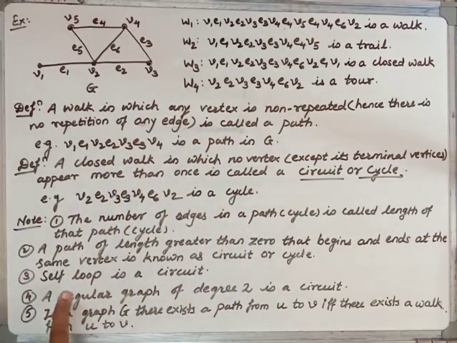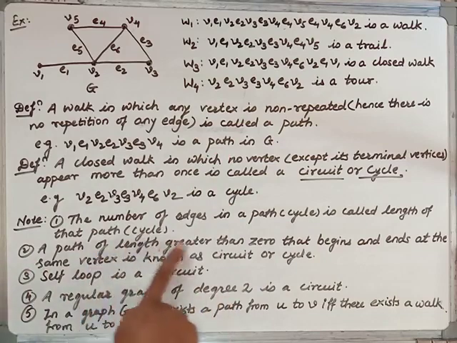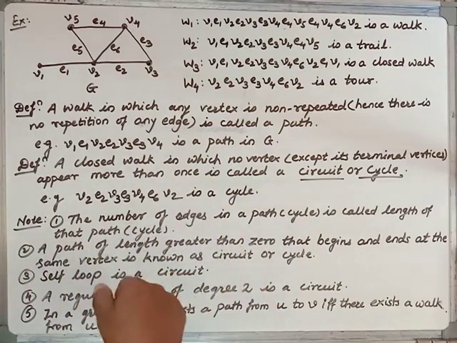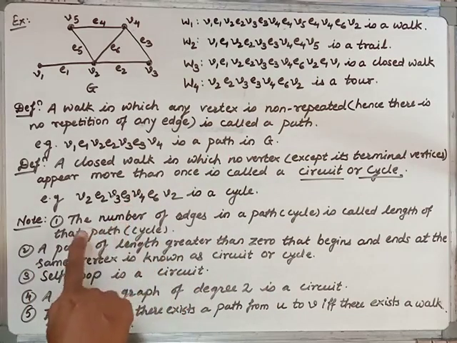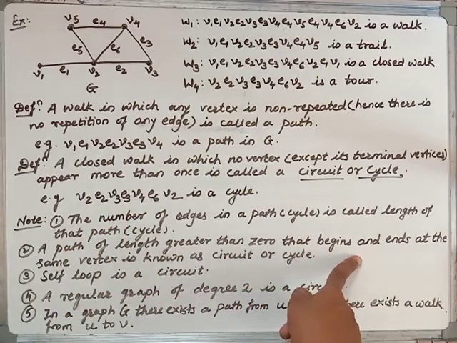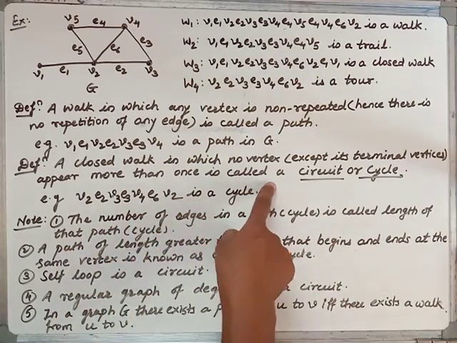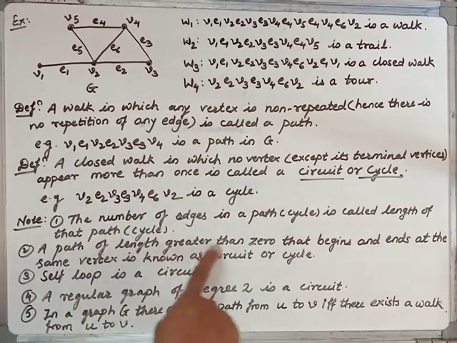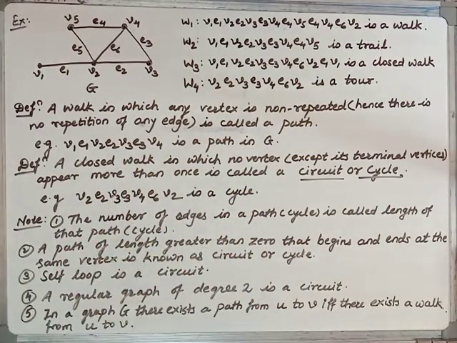Also, these are all nothing but notes obtained from the definitions. So a path of length greater than 0 that begins and ends with the same vertex is known as a cycle. So it is a closed walk, that's why it is of length greater than 0.